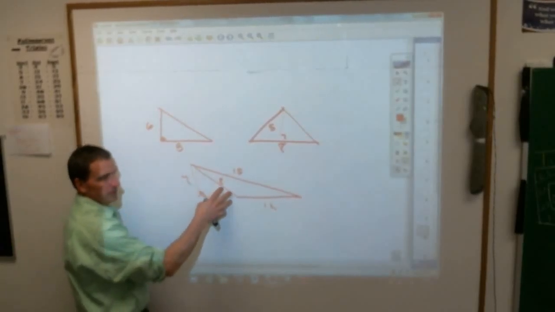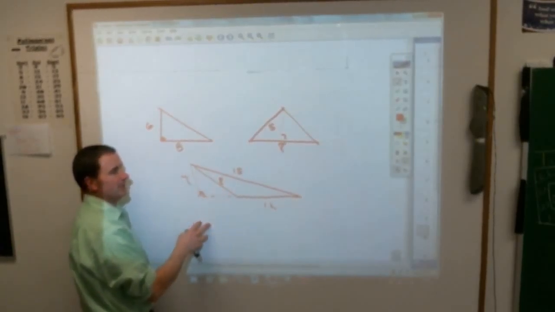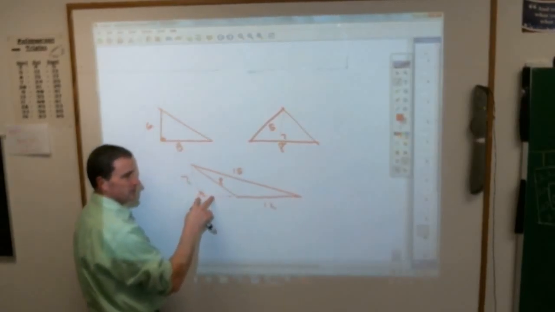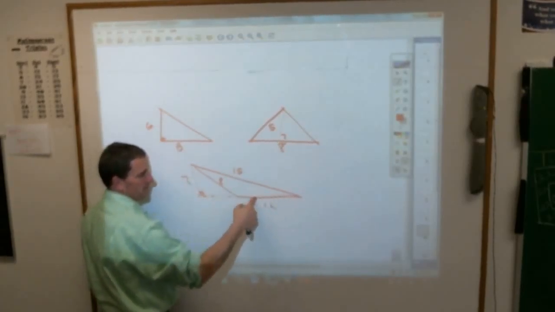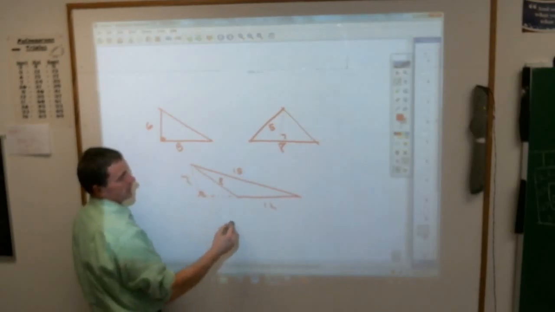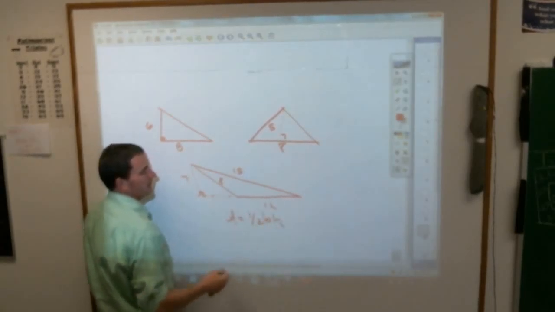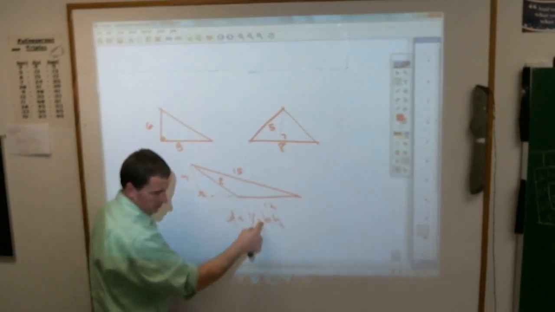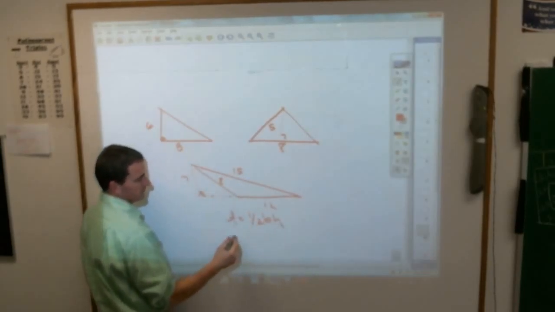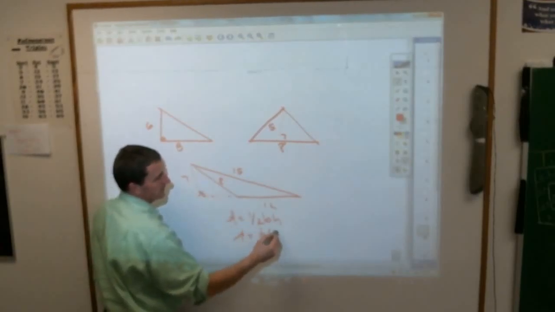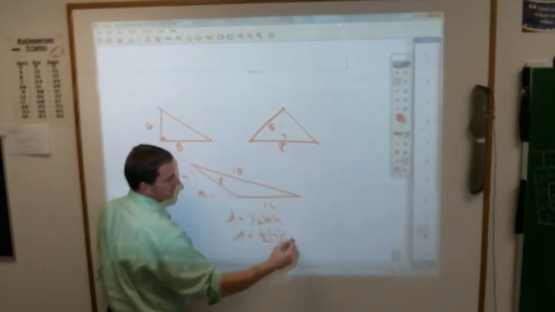If we're doing the area of this triangle, what 2 lines form the right angle? This one and this one. It doesn't even have to touch. It just has to be extended to form the right angle. So the area of this one is 1/2 base times height. And please make sure you draw the triangles. Please make sure you write the formulas down. Area equals 1/2 of 7 times 12.